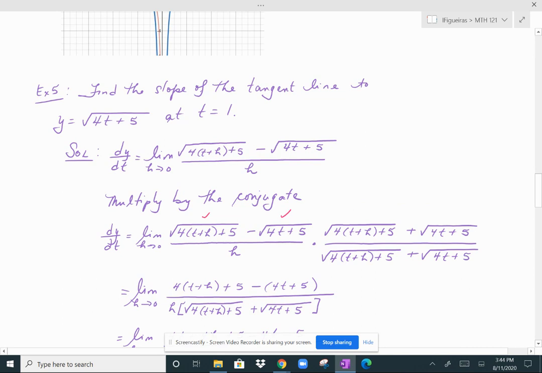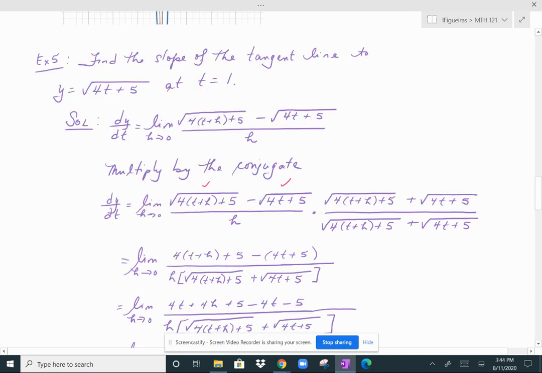In the numerator, you're going to have to FOIL that out because you have basically a binomial times a binomial. So I have two radicals here and two radicals here. One is being subtracted, one is being added. And when you're multiplying conjugates, you really just have to multiply first and last because the outer and inner, when you FOIL, will cancel each other out. So you really just have to do first and last. And that's what you see here.